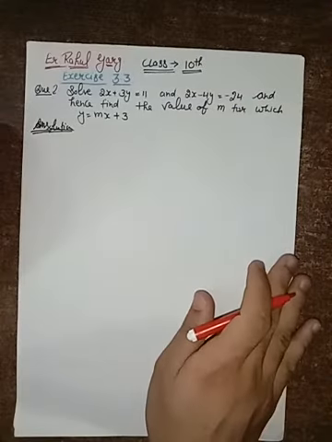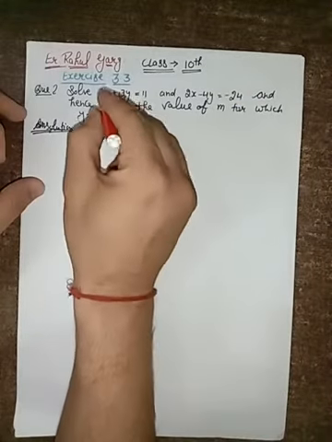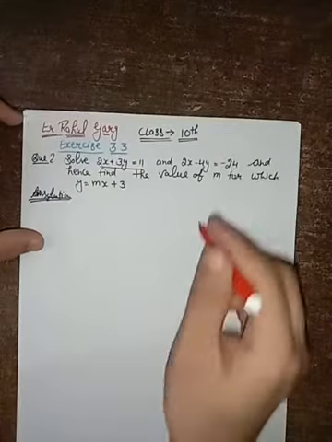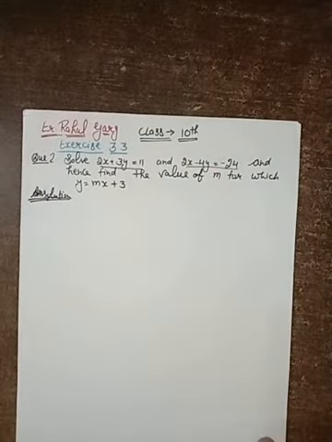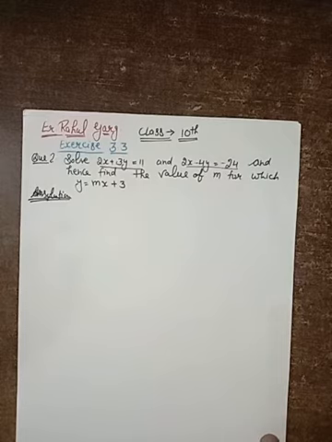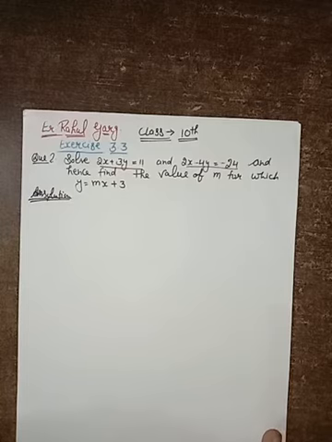The question is: solve 2x plus 3y equals 11 and 2x minus 4y equals minus 24, and hence find the value of m for which y equals mx plus 3.